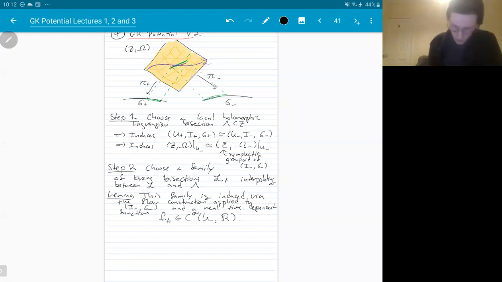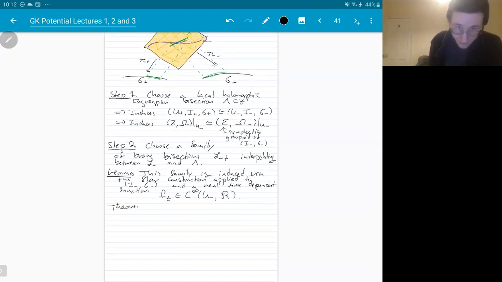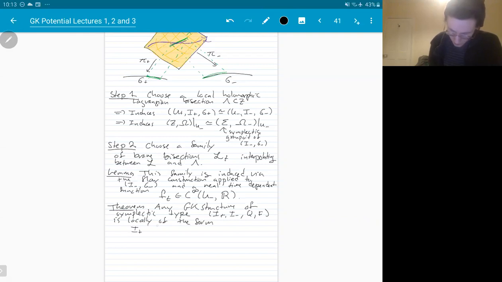So you get a theorem, which is that any GK structure of symplectic type is locally of the form I plus. So here I plus is going to be the flow of a function applied to I minus, and F is this integral that we have in the flow construction.